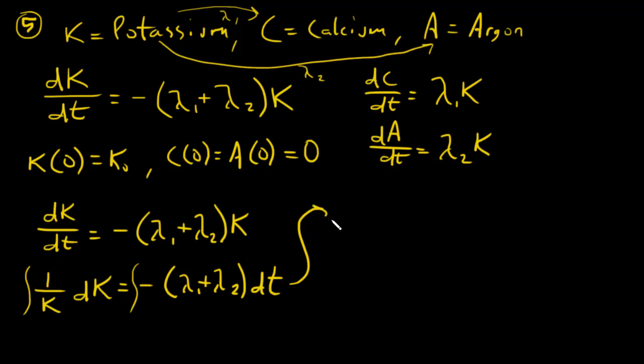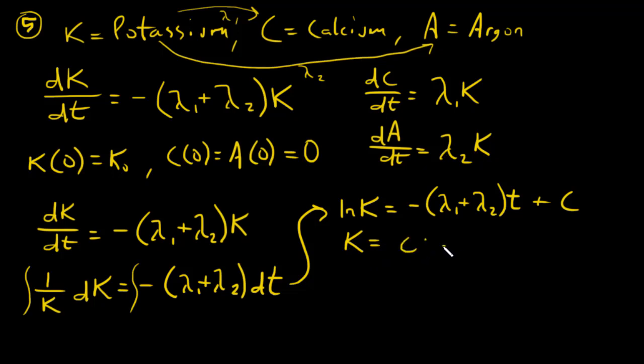So when I take the integral, I'm going to wind up with the natural log of K equal to negative (lambda 1 plus lambda 2) t plus c. When I apply the exponential, I'm going to wind up with K is equal to c times e to the negative (lambda 1 plus lambda 2) t, right?